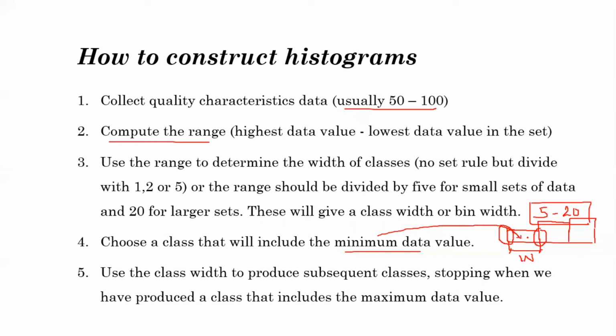We don't want this one to be void. We need at least one data point within the first class. That is one thing to be careful about. Then you can use the class width to produce subsequent classes, stopping when we have produced a class that includes the maximum data value.